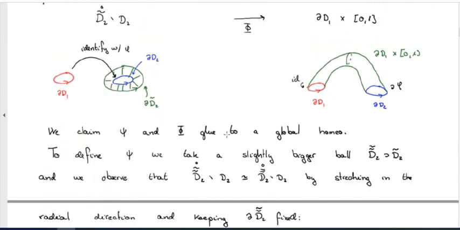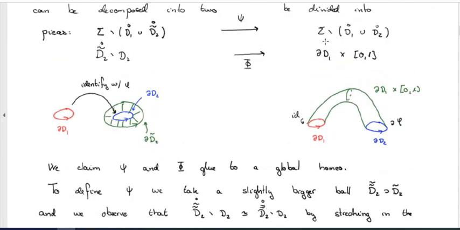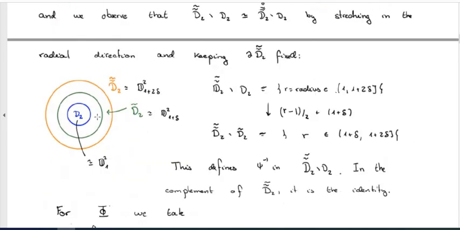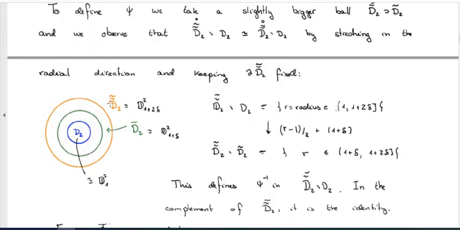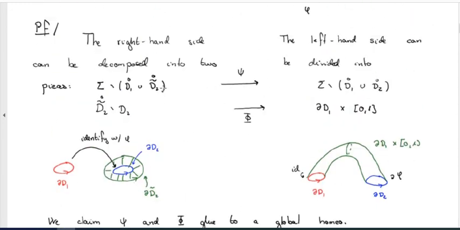So in this picture, I can map from here to here by taking this annulus, this part, and contracting it a bit, which is what I'm doing here. I contract the big annulus to the smaller one. And because this transformation fixes the boundary of d2 tilde tilde, I can just extend this map by the identity everywhere else. So I will have a globally defined homeomorphism between these two pieces.